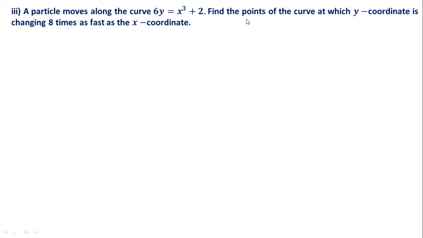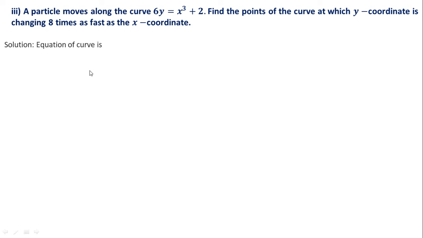Now find the points of the curve at which the y coordinate is changing 8 times as fast as the x coordinate. It means there is a relation given to you between the rate of change of the y coordinate and the rate of change of the x coordinate, with respect to time.